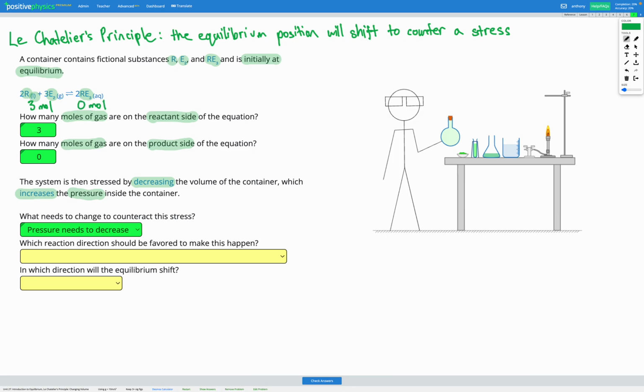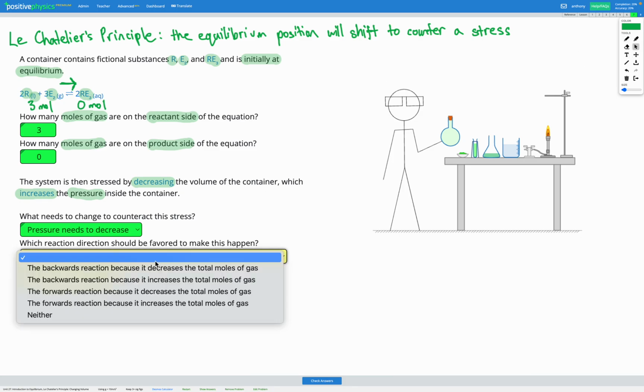If we need to decrease the moles of gas, we want the forwards reaction to be happening at a greater rate than the backwards reaction because we have less moles of gas in the products than we do in the reactants. So some of our moles of gas in the reactants will be converted to not a gas. So we're decreasing the amount of gas that we have and therefore we'll be decreasing the pressure.